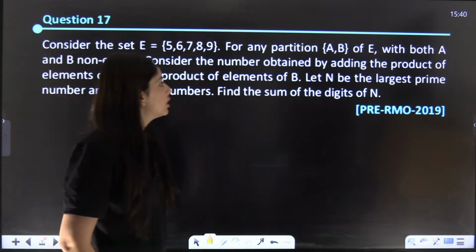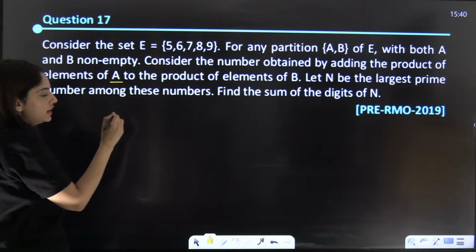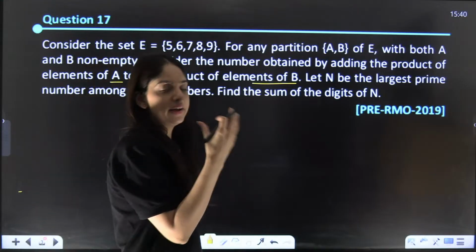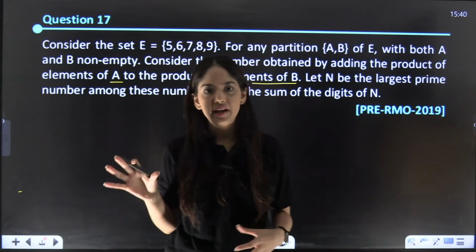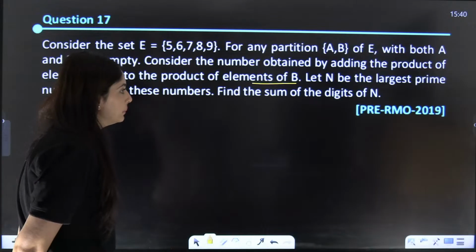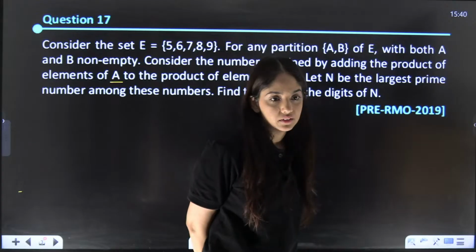Now consider the number obtained by adding the product of all elements of A to the product of all elements of B. We're multiplying the numbers in A, we're multiplying the numbers in B, and we're adding the two products. Let n be the largest prime number among these numbers. Find the sum of digits of n.